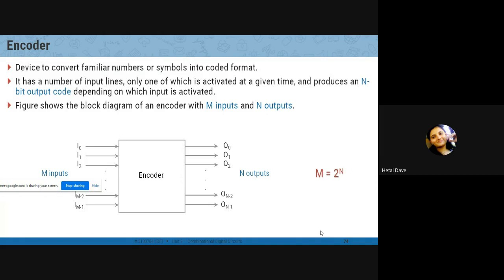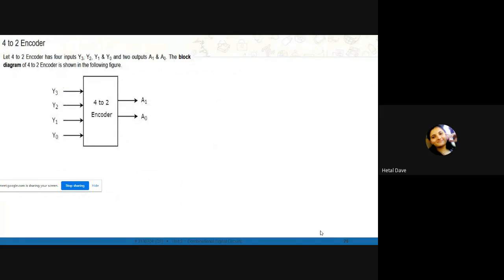So 4 cross 2 encoder: 4 inputs, 2 outputs. Let's say 8 cross 3 encoder: 8 inputs, 3 outputs. You just need to remember the number of inputs and outputs for encoder and decoder. Don't be confused about it. Okay. Now what is happening?